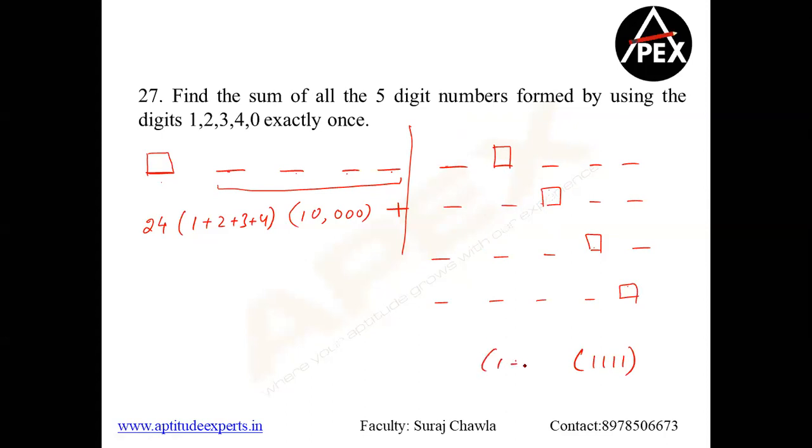Clear? 1 plus 2 plus 3 plus 4. Clear? Now if this is blocked, how many numbers can be formed? 0 cannot come here. So 3 into 2 into 1. Simple. Clear, guys?